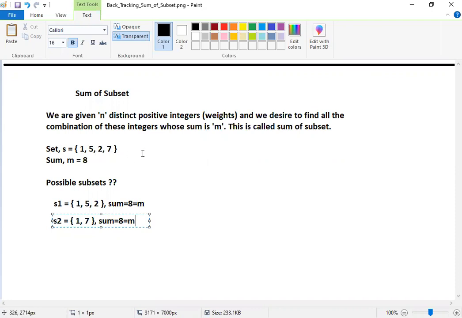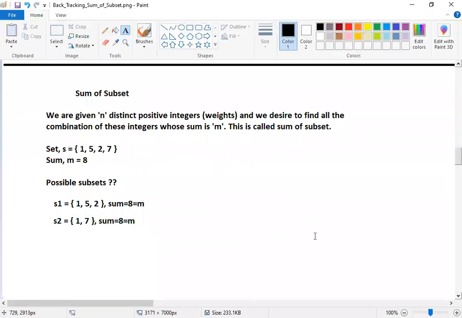If there are n number of distinct positive numbers in a set, then we can manually try to count how many possible subsets we can derive whose sum is going to be the M value. But this type of problem can be very easily solved using the backtracking concept. Okay. Now let us try to understand how we can solve this type of problem using the backtracking.